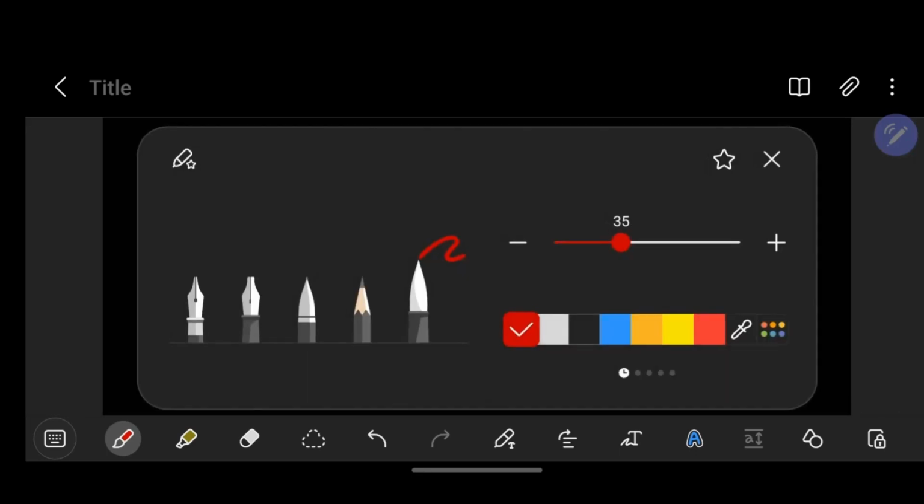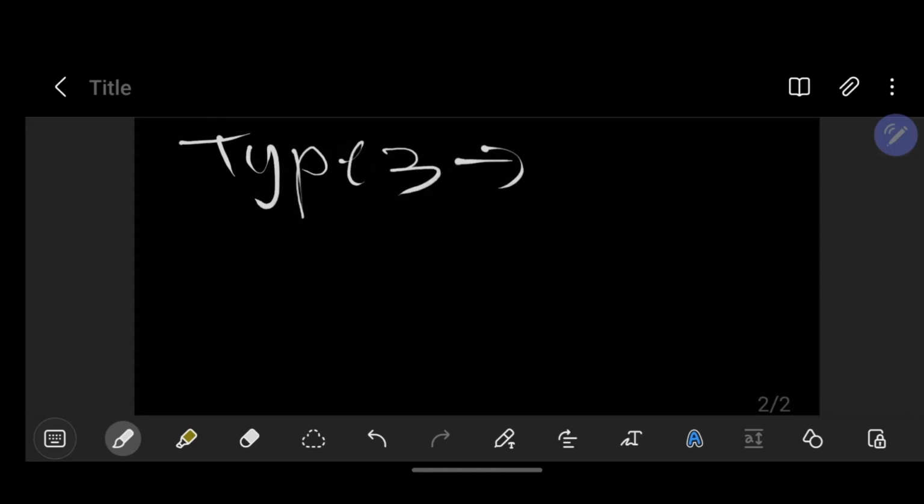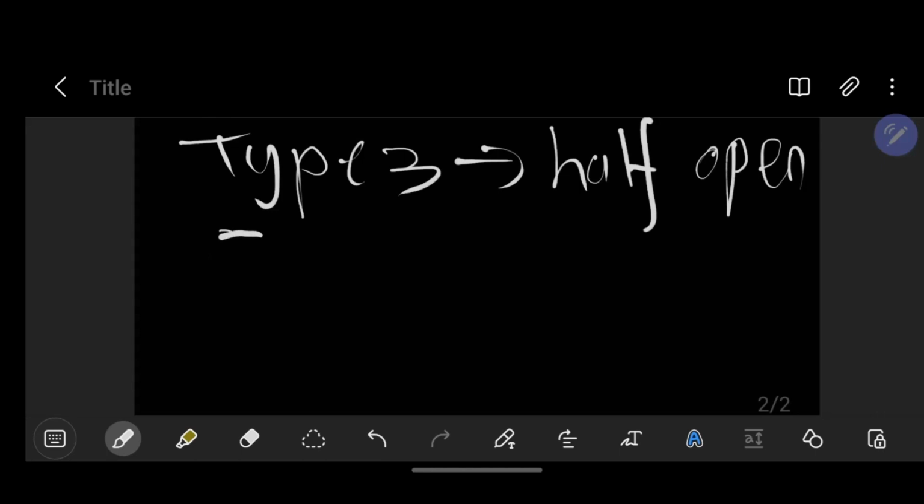Let's move into the third type, and this one is a combination of the two. We call it type 3, and we call it half open. One way to show this is, let's use X this time and point Y: square bracket at X and round bracket at Y. So if we were to show this on the number line, how do you think we would do that?